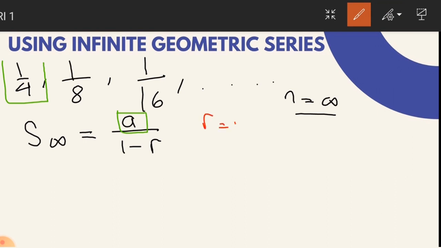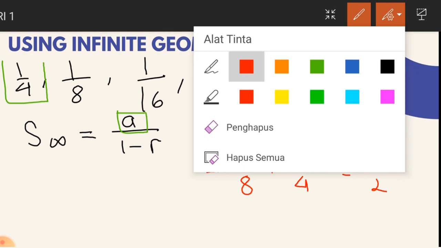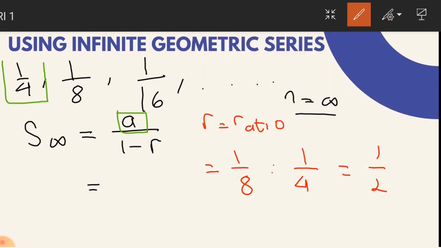We can find r by dividing 1/8 by 1/4, which equals a half. And then we just need to substitute this number.